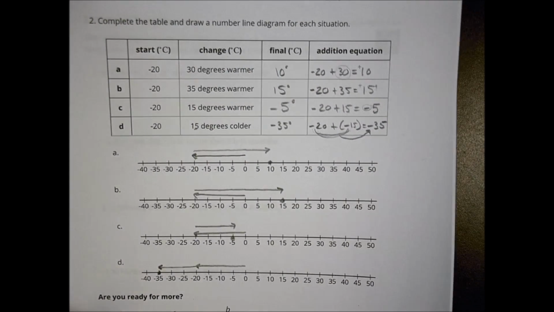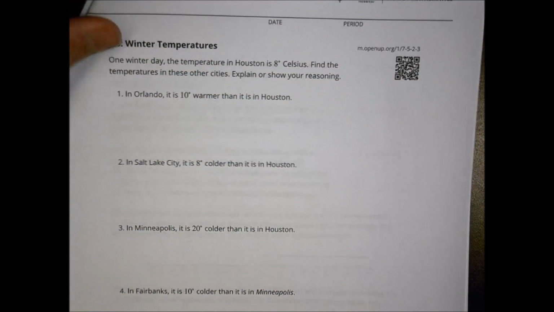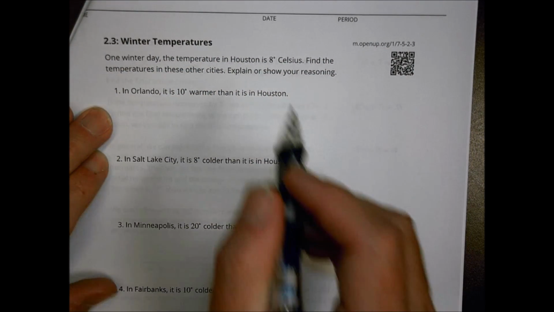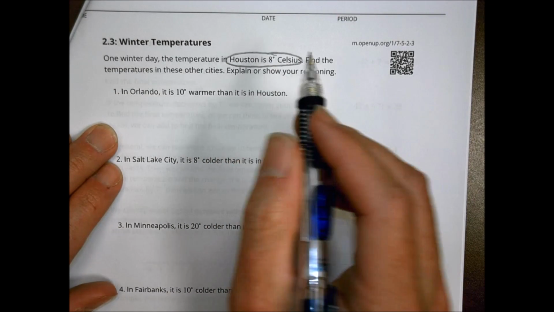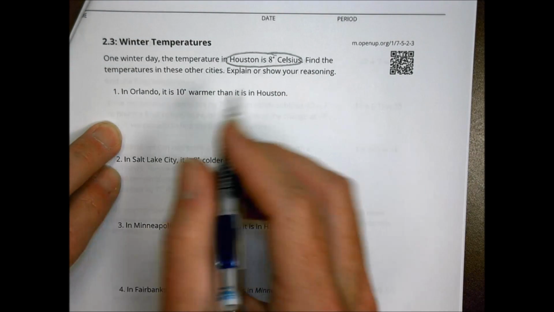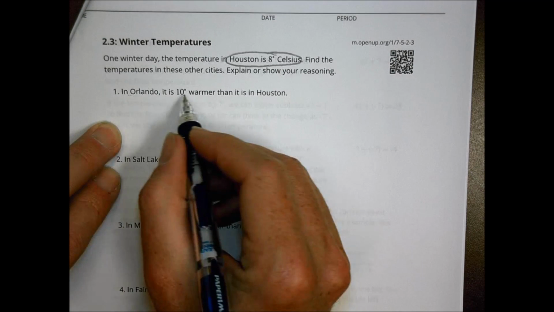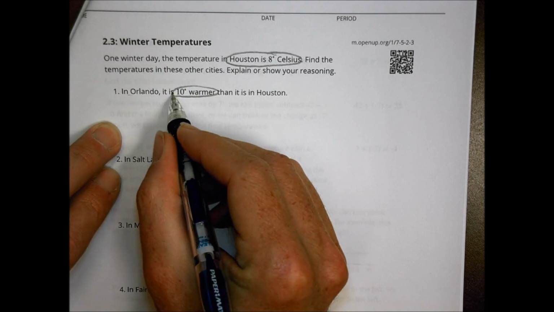When we go to the next one, we're going to move away from the number line and take a look at some temperatures here. It says one winter day, the temperature in Houston is 8 degrees Celsius. Find the temperatures in the other cities and explain and show your reasoning. Okay, in Orlando, it's 10 degrees warmer than it is in Houston.